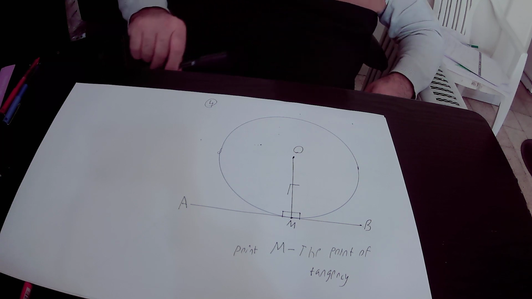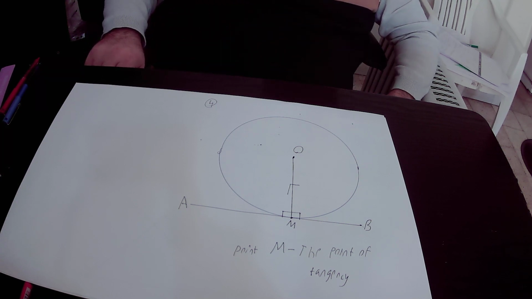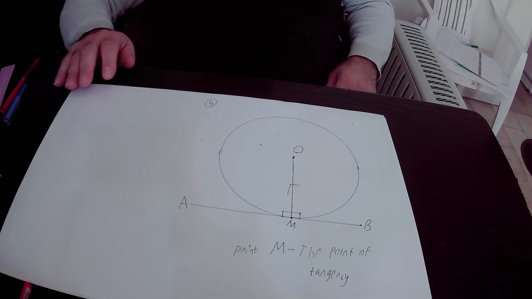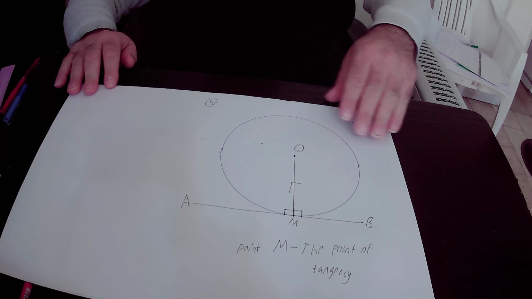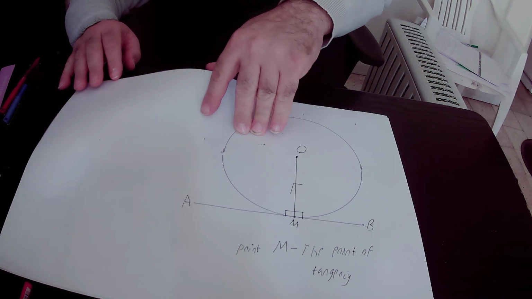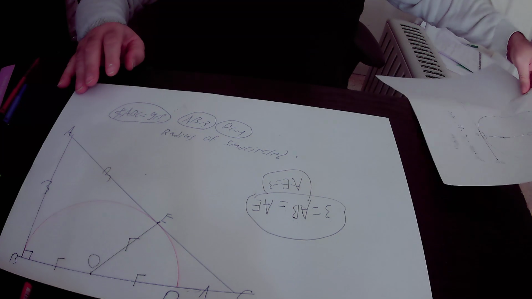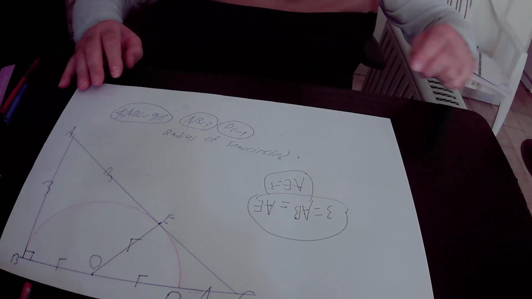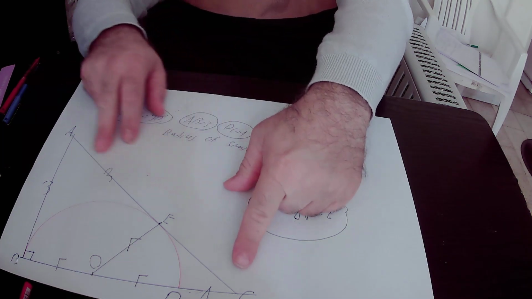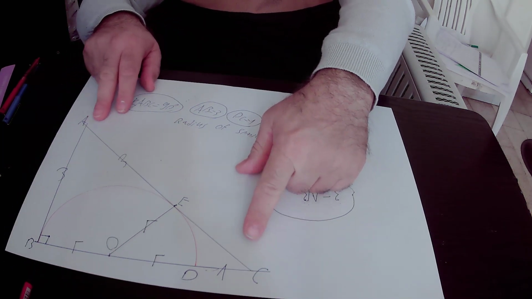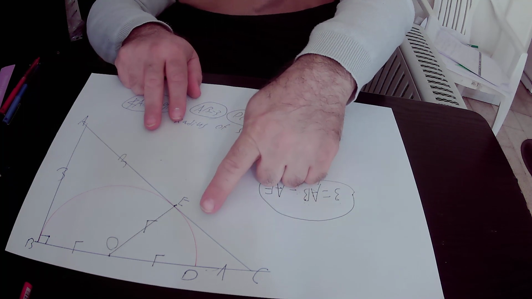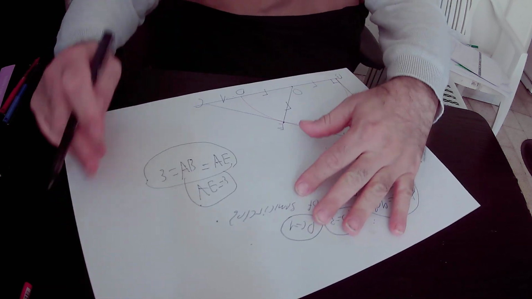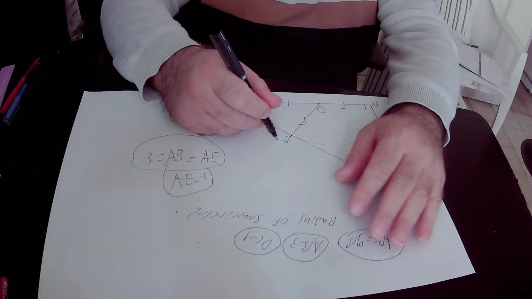Okay, so that is rule number 2, and we will implement it in our drawing. In our drawing we have tangent AC. Tangent AC is tangent to this red semicircle at point E, so point E is the point of tangency.